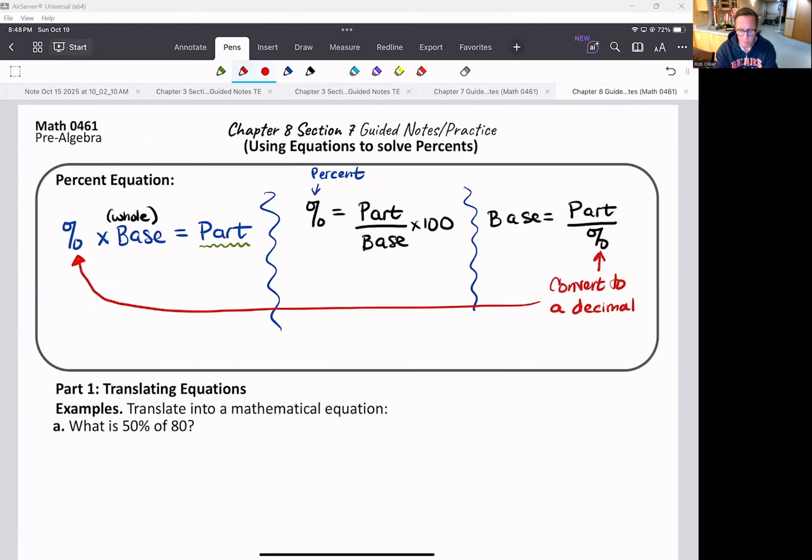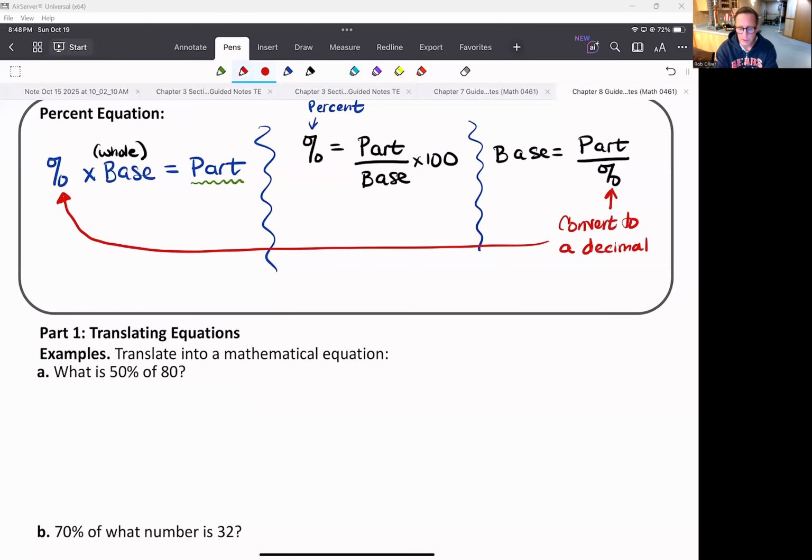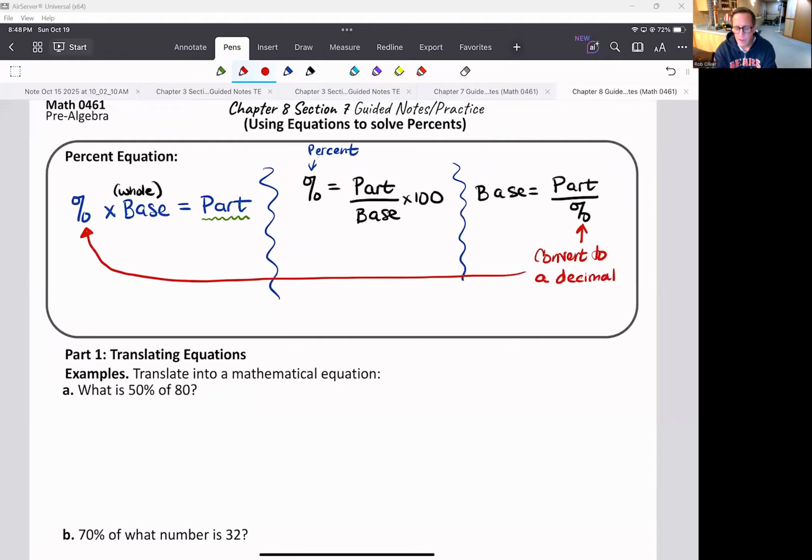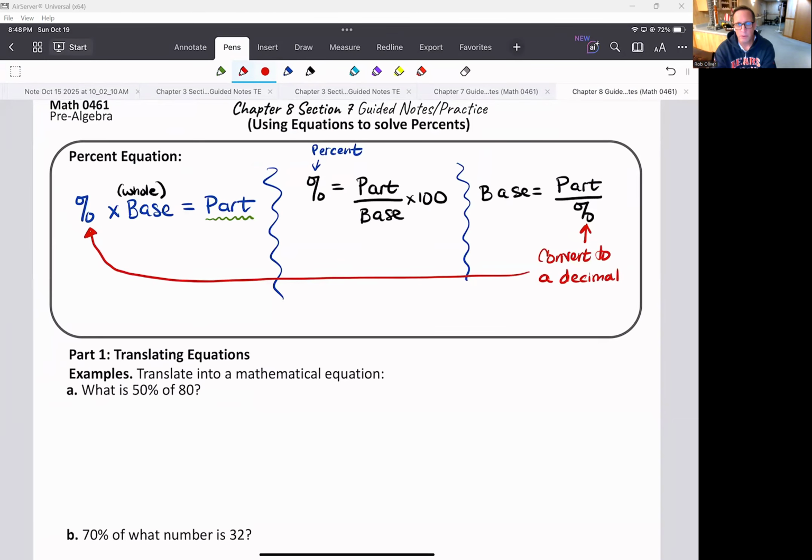So I think sometimes when you're doing these kind of problems, the trickiest part is knowing what the base is, because it's not always spelled out for you. It's not always black and white. It doesn't say, hey, this is the base, this is the whole, and by the way, in this word problem, this is the part.